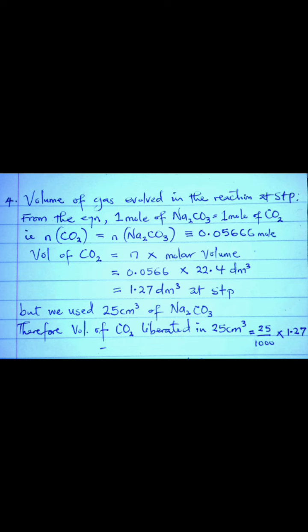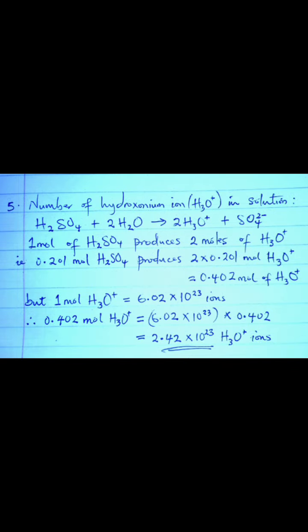And then lastly, we are to calculate the number of hydroxonium ions that could be present in the solution. Remember that the hydroxonium ion is H3O plus, and it is formed when an acid enters into water. Water is H2O.